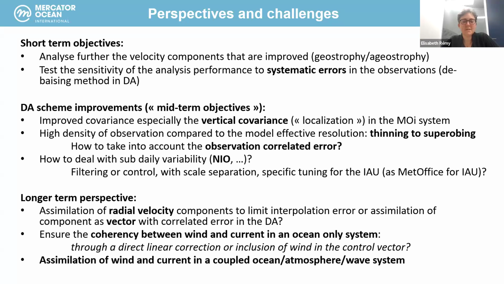So in our system, for the covariance, there is no limitation on the vertical. It's a 3D localized kind of EOF of a model simulation. To be honest, I don't remember, but not from the nature run, that's for sure.